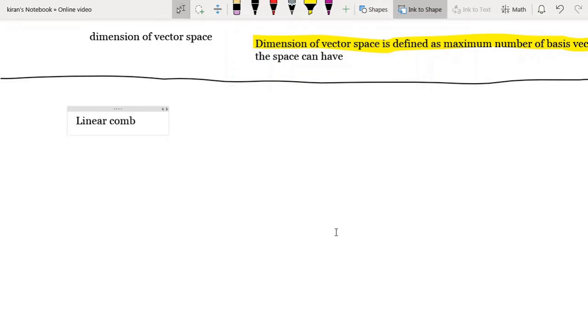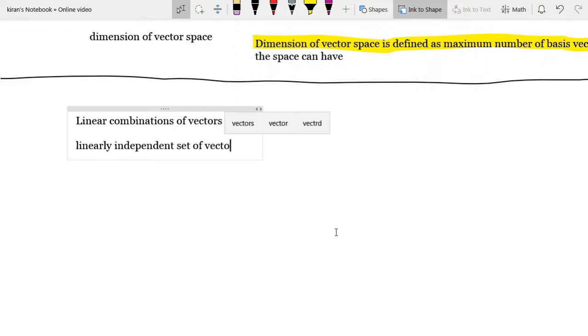Linear combination of vectors. Then we discussed linearly independent set of vectors.